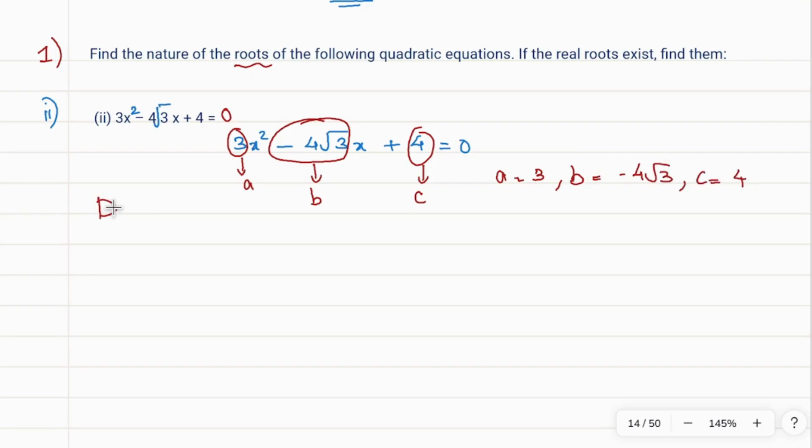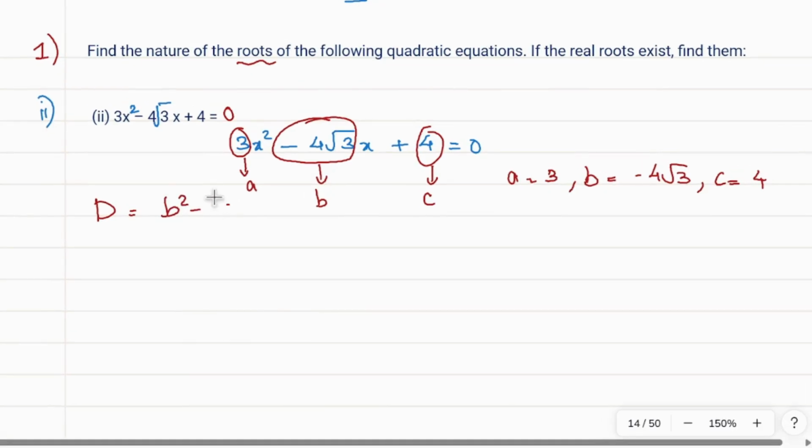Now we need to find the discriminant, which is equal to b square minus 4ac, which is equal to minus 4 root 3 the whole square minus 4 into 3 into 4. That is minus 4 into minus 4 into root 3 into root 3, the square of that one, minus 4 into 4. 4 fours are 16, and root 3 into root 3 means 16 into 3, which gives us 48.